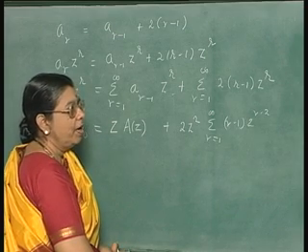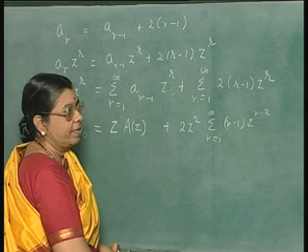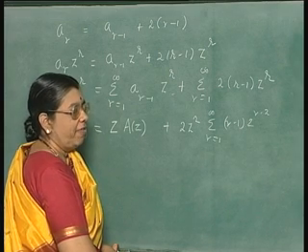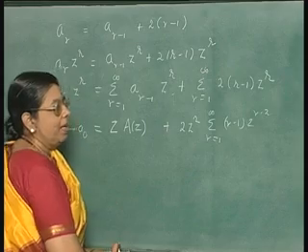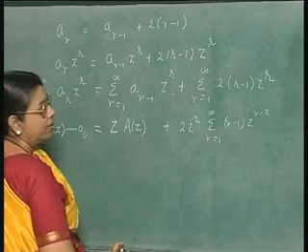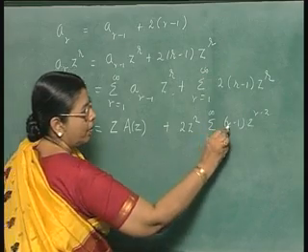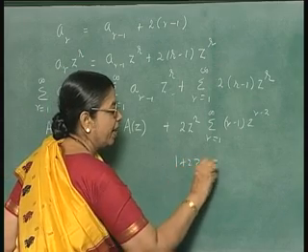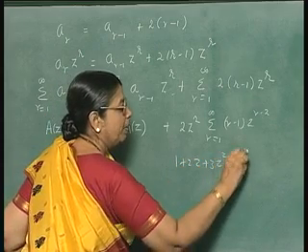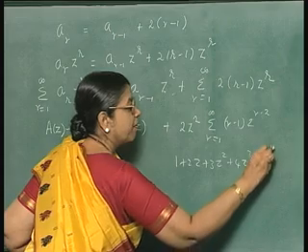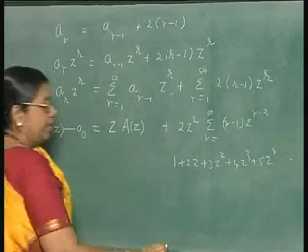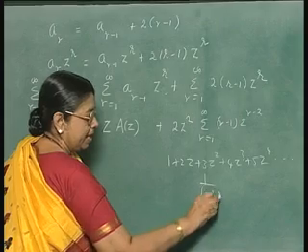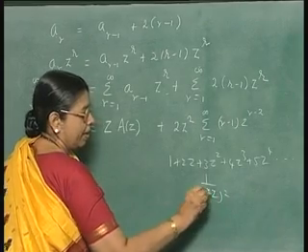So, it will be 1 plus 2z plus 3z squared plus 4z cubed plus 5z power 4 and so on. This you know is 1 by (1 minus z) the whole square.